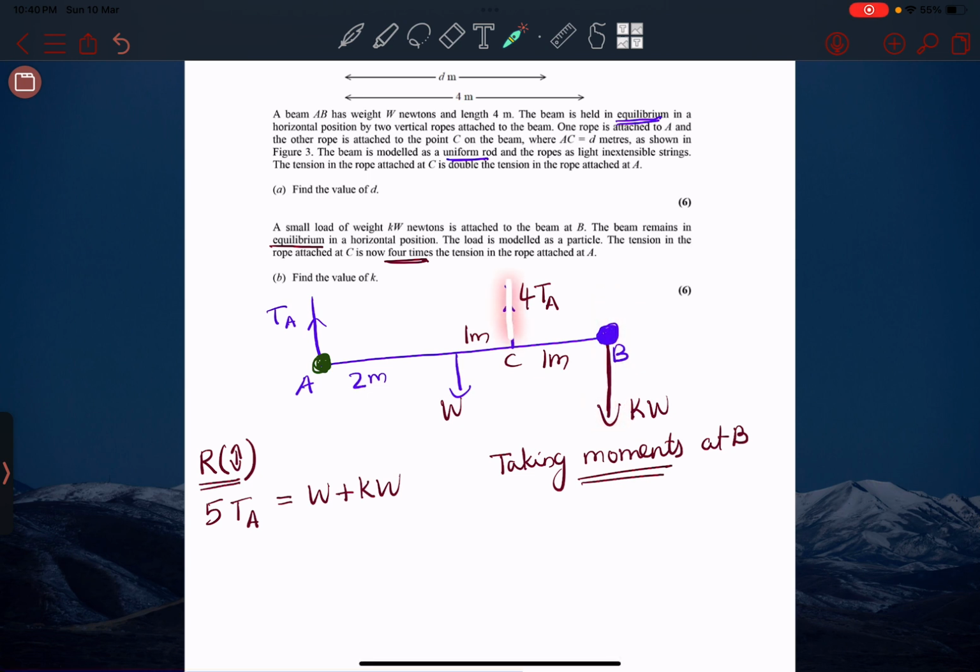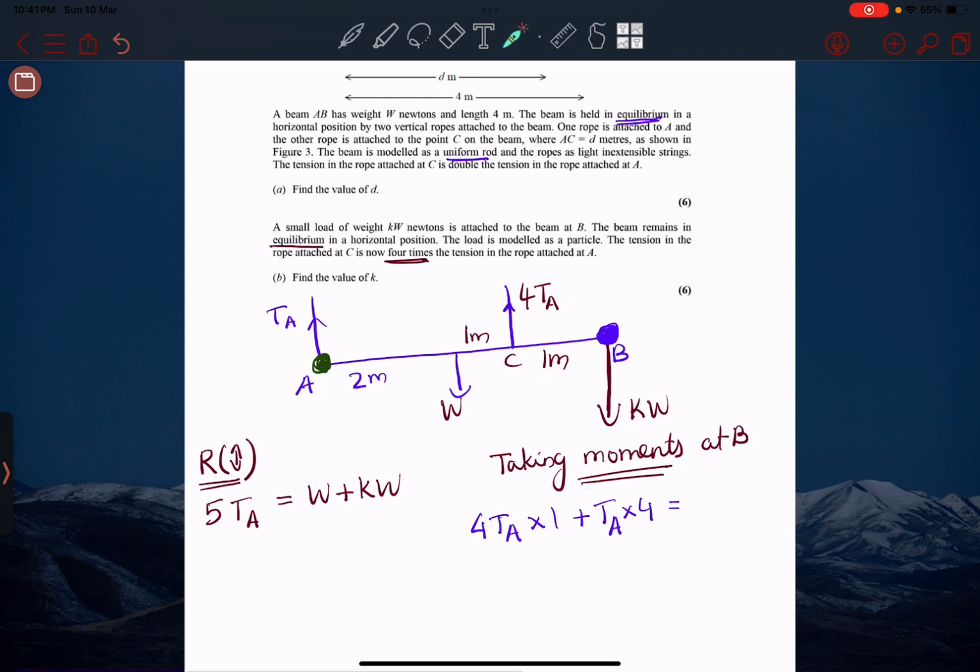The next force that we know is 4TA, and the perpendicular distance between the force and the pivot point is only 1 meter, and it is going in the clockwise direction, so that is times 1. The next force going in the clockwise direction is TA, and the distance is the entire length, which is 4 meters, so this is times 4.